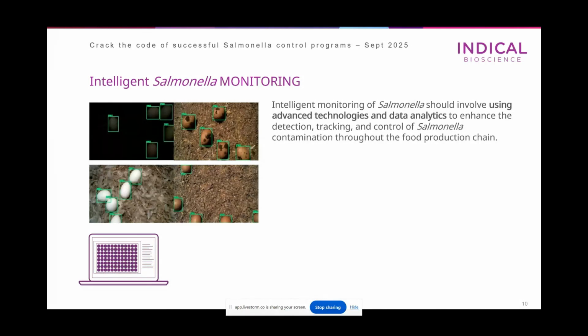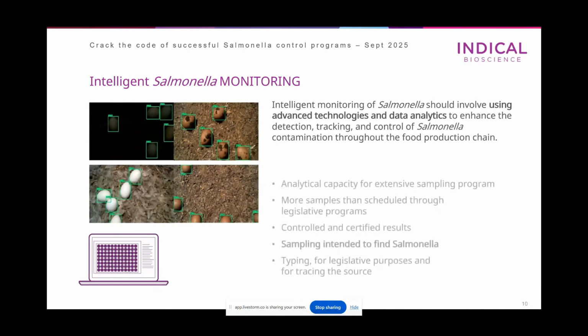I understand that the Kaufman and White method is coming from the 50s. So we are now in 2025, and I believe we have better methods to be able to serotype salmonella.